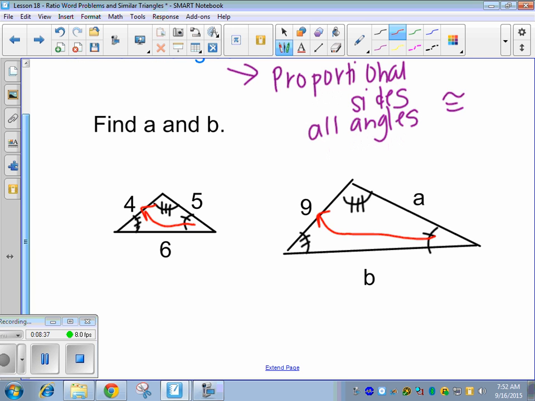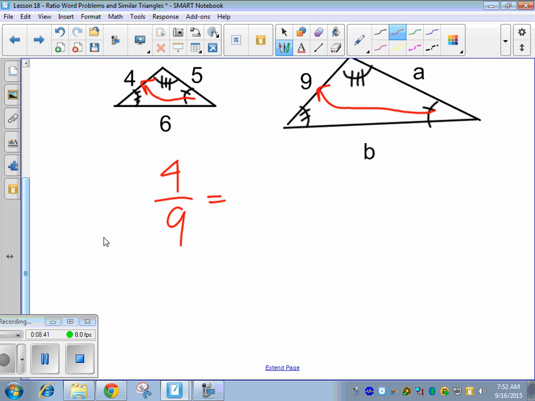So we've got 4 over 9 is equal to, okay, we can solve for either A or B, does not matter. But if I set 4 on top of 9 and I want to solve for B, what do I have to write on the other side if I put 4 over 9? Yeah, 6 over B. So I did the small one over the bigger one. That means I have to do the smaller triangle over the bigger triangle.